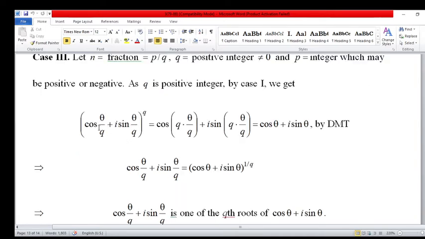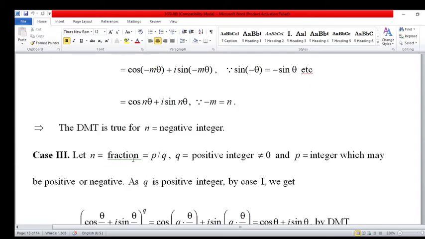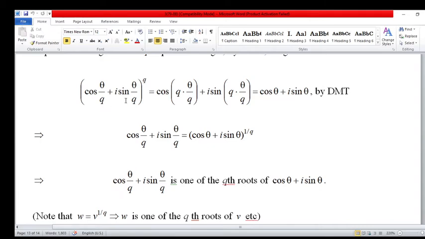Then we take here p as an integer which may be positive or negative, as q is a positive integer, and we get cos theta upon q plus i sin theta upon q raised to the power q. We take this condition only: cos theta upon q plus i sin theta upon q raised to the power q is equal to cos.